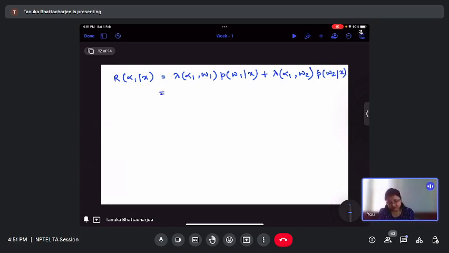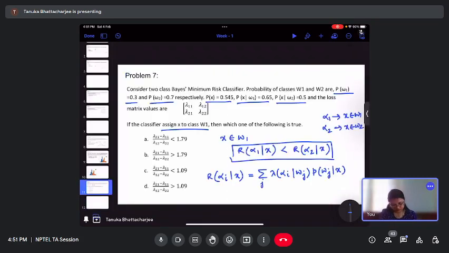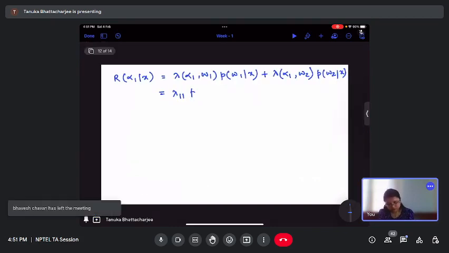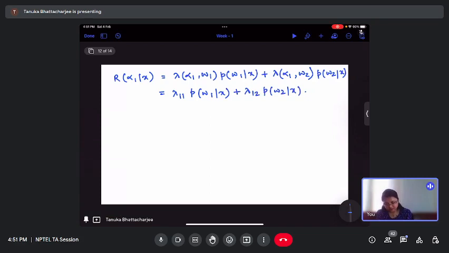This we simply write as lambda 1 1. Let us keep this as it is for now. Similarly, you can write the risk of taking the action alpha 2 given x. That will be this.